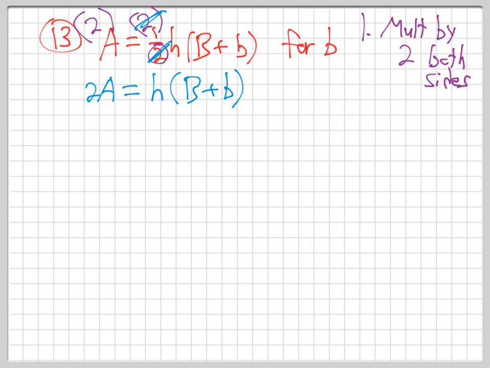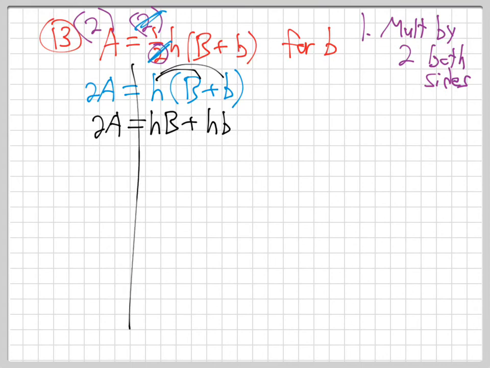And now we can go ahead and distribute through the parentheses. So I'm going to go boom, boom, and get h big B plus h little b, like that. So first step, I got rid of the fractions. Second step, I multiplied through the parentheses.